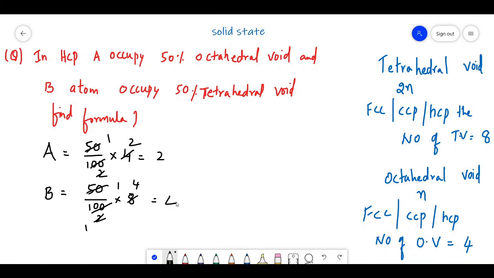So the formula will be A2B4, or AB2. So by using these two models for octahedral voids and tetrahedral voids, you can do problems. In the questions, mostly he will give these three categories only, either FCC, CCP or HCP.